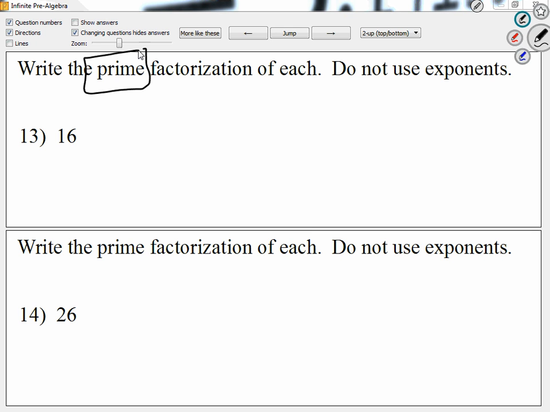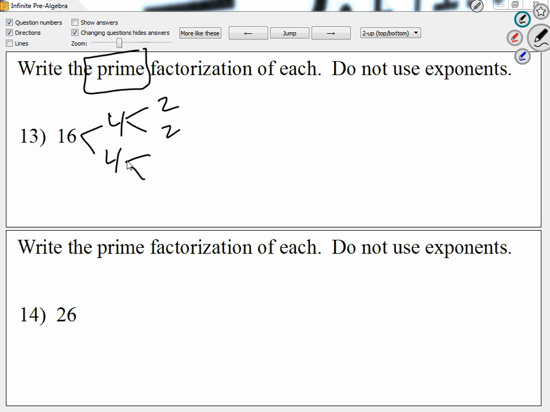So here, what we're going to do, we're going to break this up. Give me any two numbers. They don't have to be prime, or they don't have to be the same. Give me any two numbers that multiply equals 16. 4 and 4. Okay. Let's make the 4 smaller. Any two numbers that multiply equals 4. 2 and 2. Both of them are prime, right?